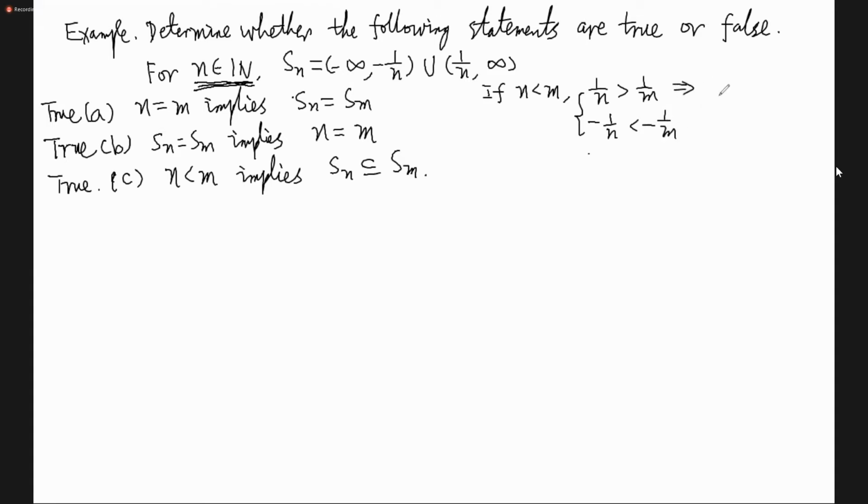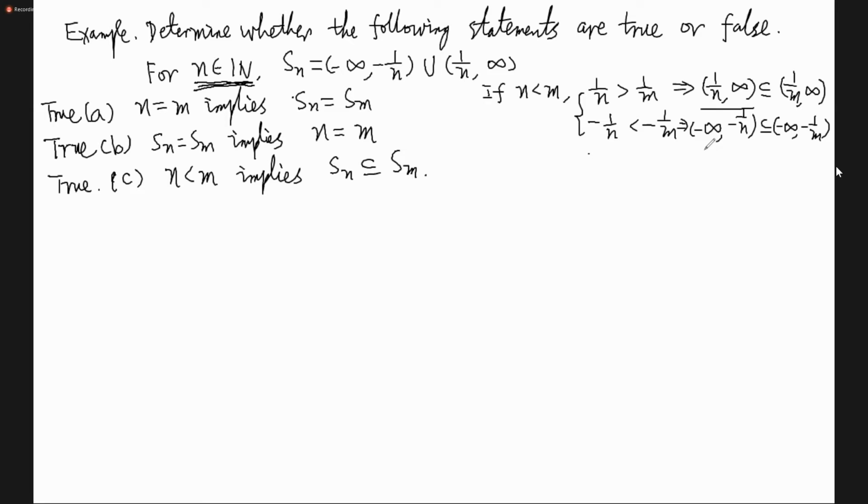So the first thing would imply 1 over n to infinity is contained in 1 over m to infinity. So the second tells you negative infinity to negative 1 over n is contained in negative infinity to negative 1 over m. So in other words, the positive part for Sn is contained in the positive part of Sm.